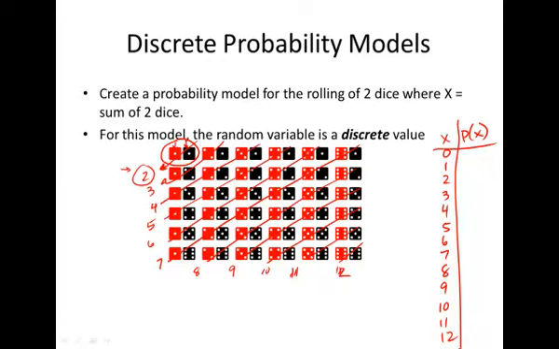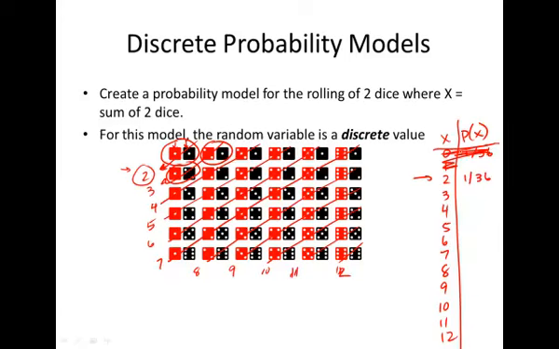So in this case, it's just 1, so 1 out of 36. Excuse me, 2 is the minimum that you can get because 1 and 1 is the smallest amount that you can get on the dice.